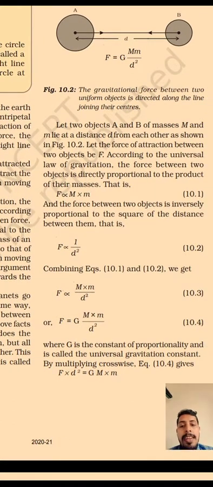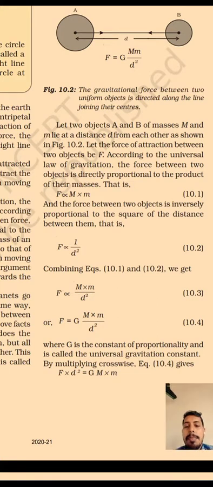Then combining equations 10.1 and 10.2, force is proportional to the product of the masses of the two objects, and force is inversely proportional to the square of the distance between them. Then we get F is directly proportional to M into m by d square.